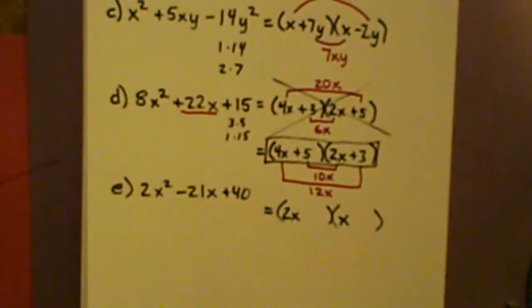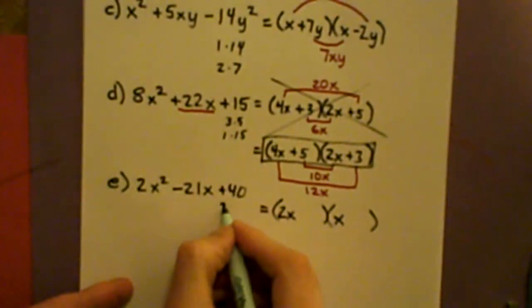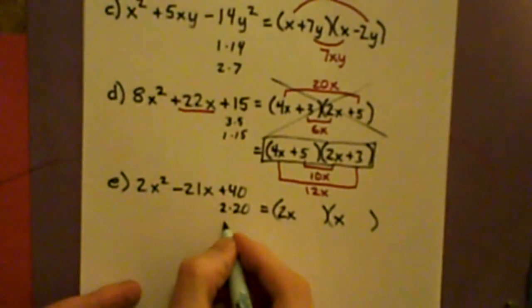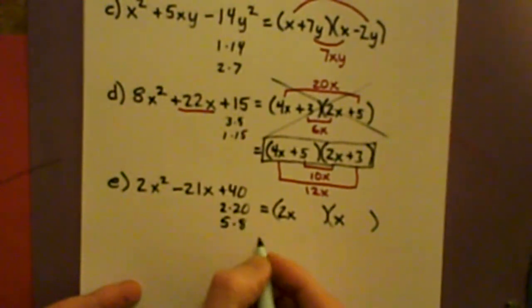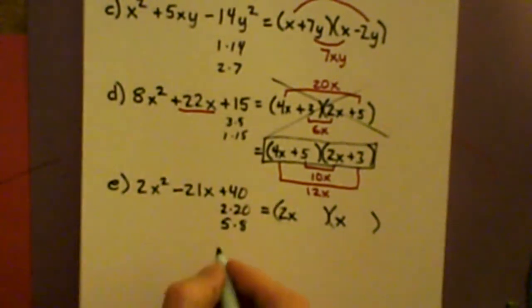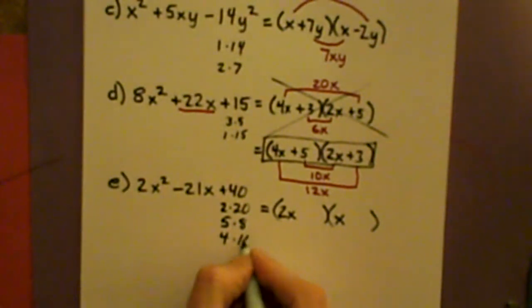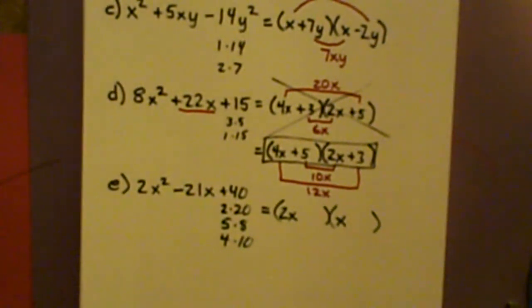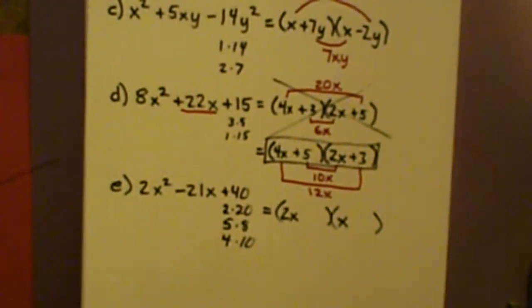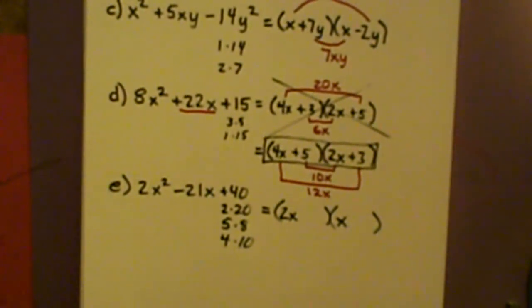But there's a lot of different ways we can get 40. We could get 2 times 20. We could get 5 times 8. We could get 4 times 10. And it might not be entirely obvious at first which one we want to choose. I'm going to go ahead and try 5 and 8 first.